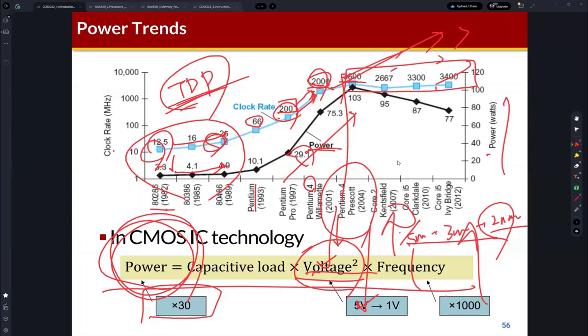And then in the electric circuit, a signal is represented as a voltage level, right? So when the signal is changed, it means the voltage level is changed.